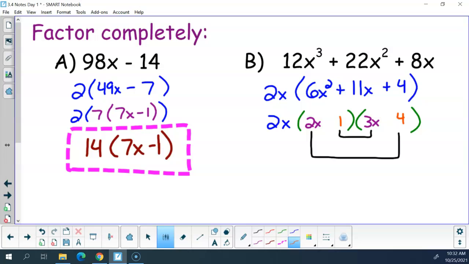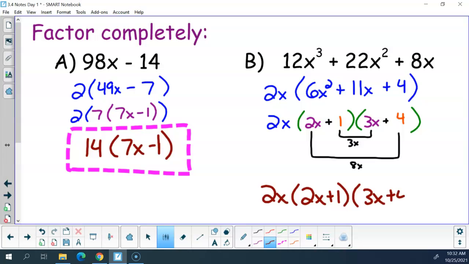That gets me 3x and 8x. Is that what I need? Yep. So what signs go in both parentheses? Both pluses. We need them both to be added together. So all the way is 2x times the quantity 2x plus 1 times the quantity 3x plus 4.